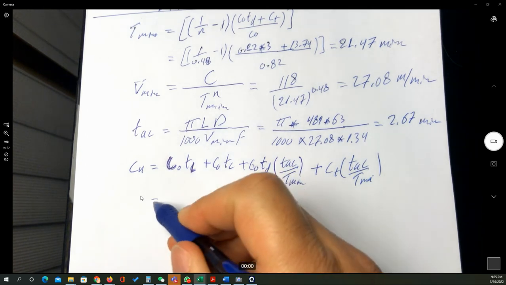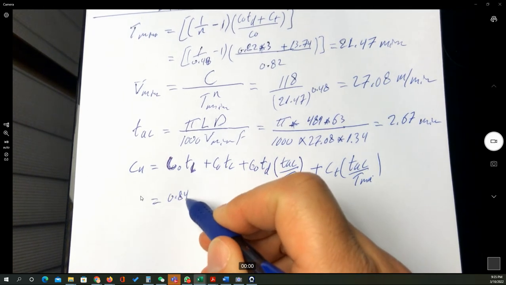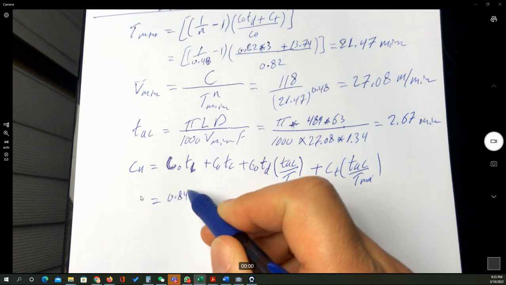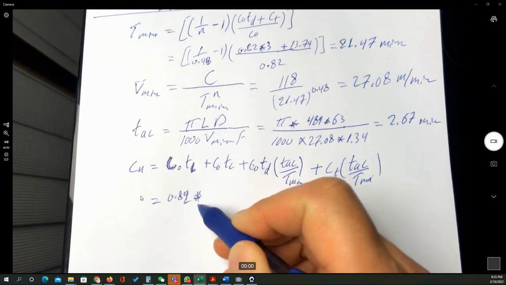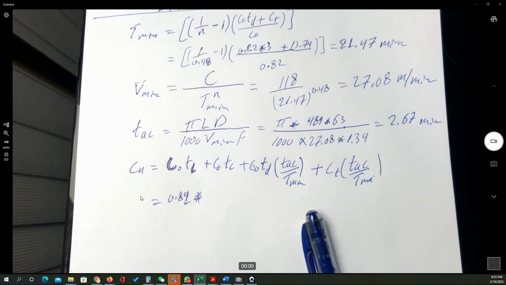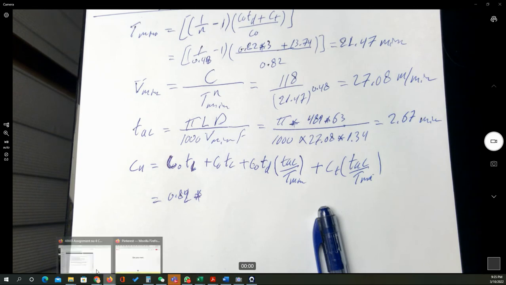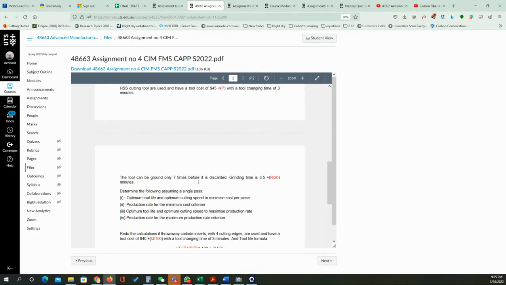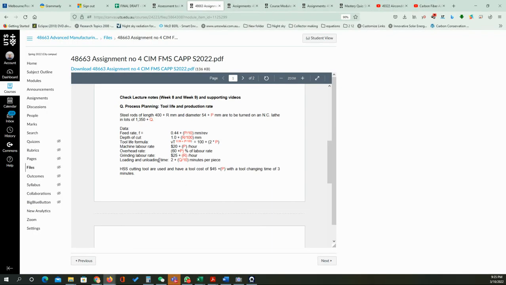So the CO is 0.82, multiplied by the loading time. Just let me find that. Sorry, I think it was... I don't have to look at the question. The loading and unloading time, yeah, 2 plus 2 divided by 10.